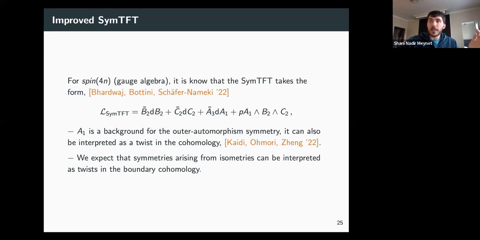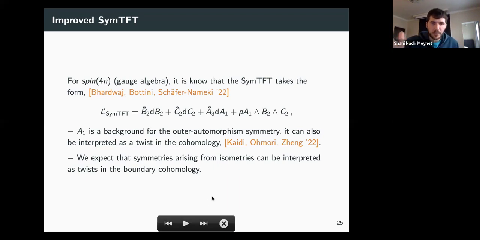How to express formally that the correct object that encodes the whole data of the band of your symmetries and defects in the quantum field theory is exactly the twisted cohomology of the boundary? We don't have a refined statement for that, but we are pointing toward that direction. This is now more math work than physics, to find the correct series of words that describe exactly how this isometry plays a role in the boundary geometry.